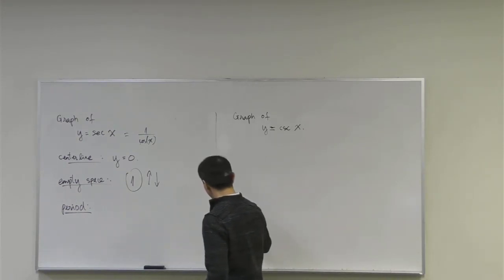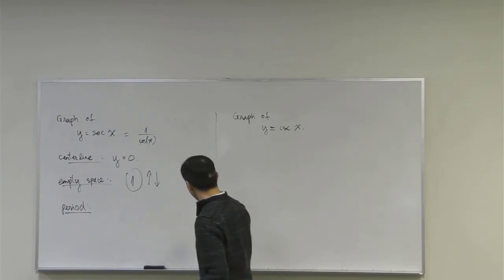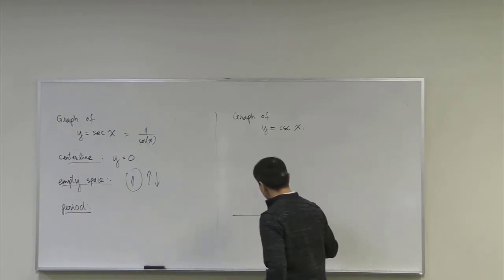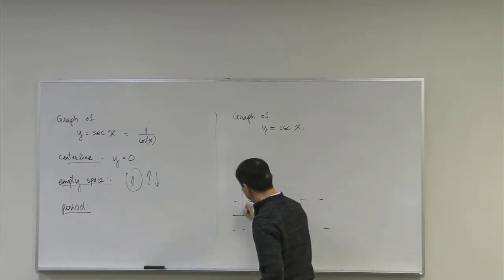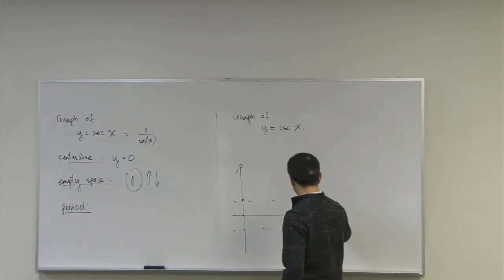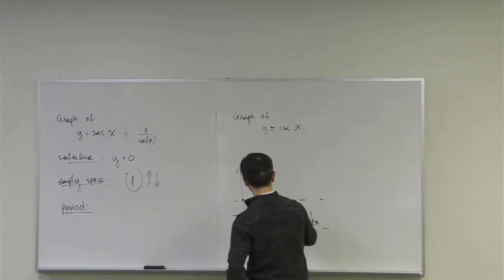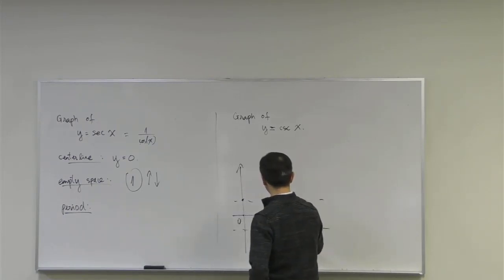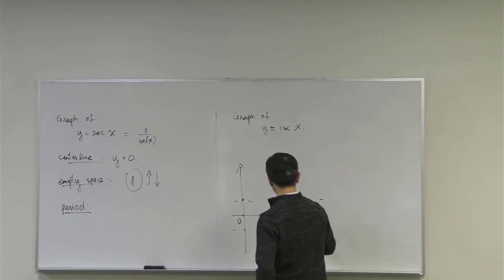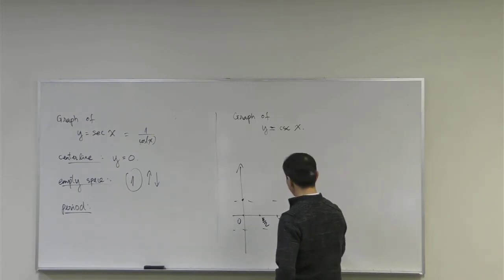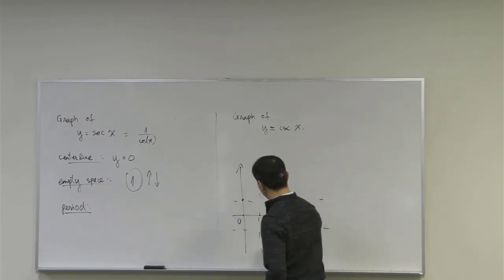We saw in the picture on the board earlier that the graph started at 0 and ended at 2 pi, and there's that halfway point at pi right here. The first quarter is pi over 2. The third quarter is 3 pi over 2, so you've got these vertical asymptotes.